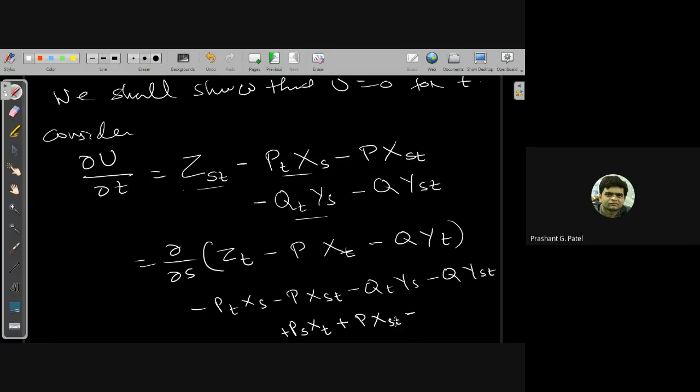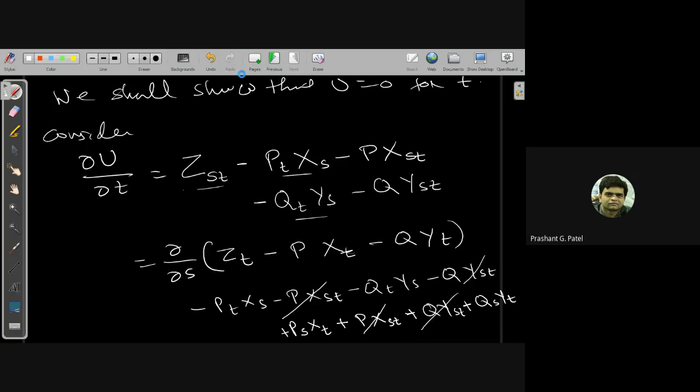And here also this term is added, so del by del s of this quantity, that means q as it is, so that is q y_st, minus, this is actually plus q_s y_t. I just observe that these terms will get cancelled out.